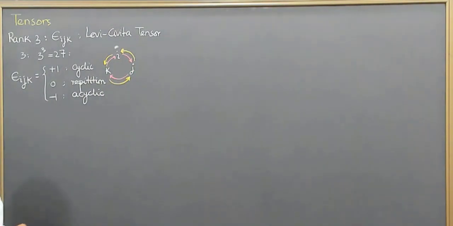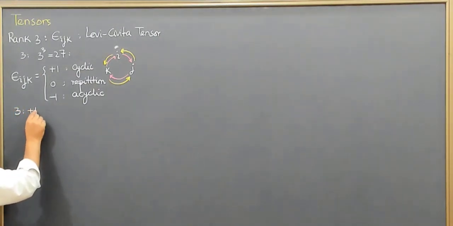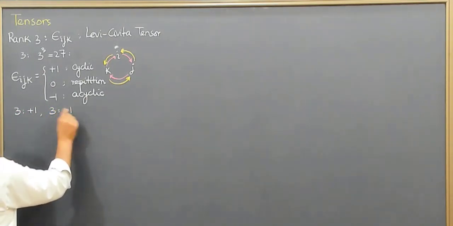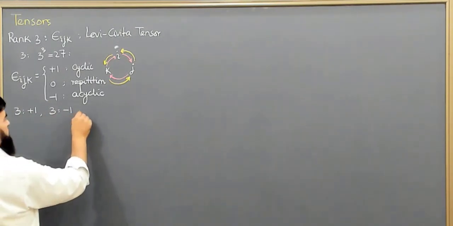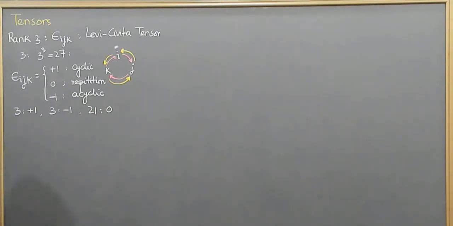In this situation, it will give us -1. So there are 3 components which give +1 and 3 components which give -1. So a total of 6 components give a nonzero value, while the 21 other components give 0.